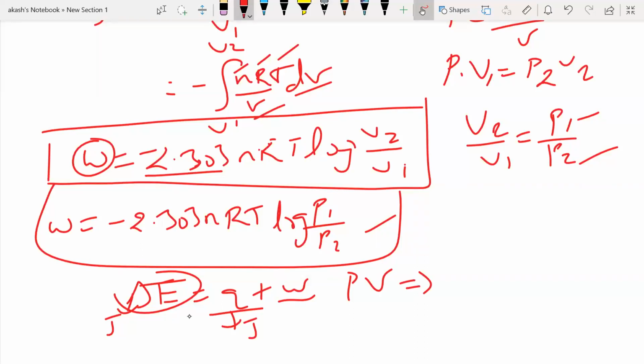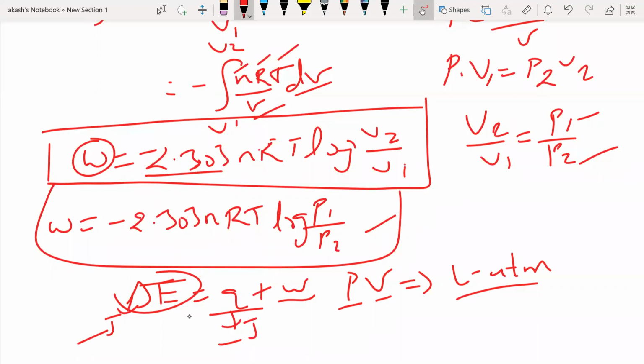If you use atmosphere for the unit of pressure and liter for volume, you will get the unit as liter atmosphere. So look at this, you have joules and you have liter atmosphere. You will not be able to add all these three. Only when the units are the same will you be able to add them.